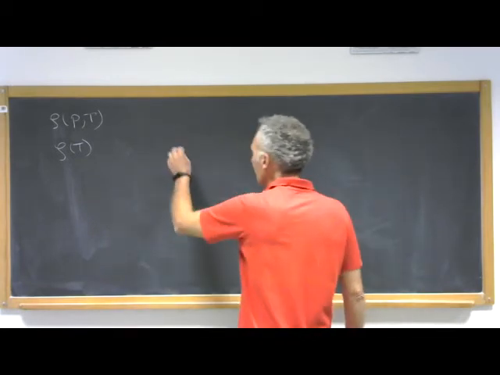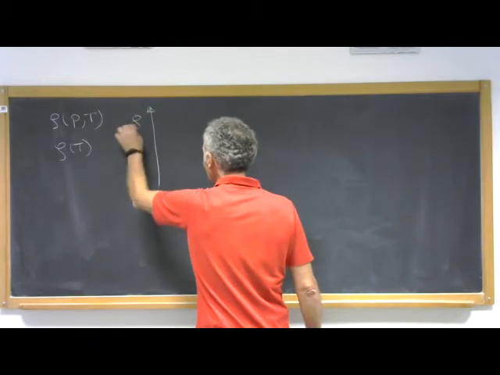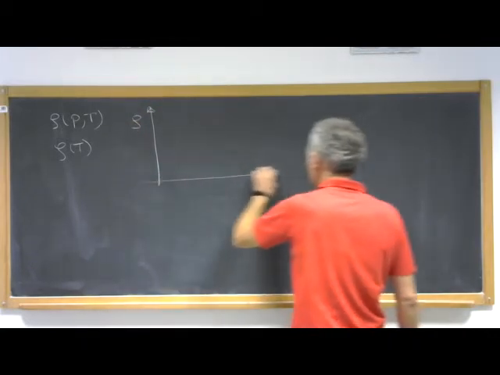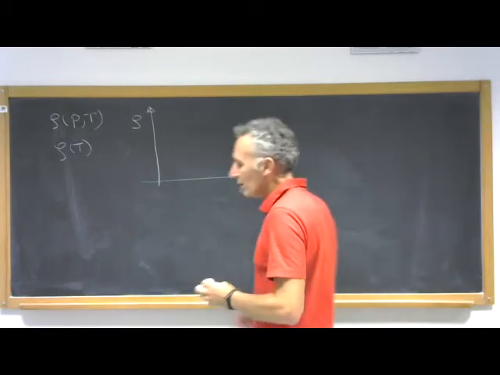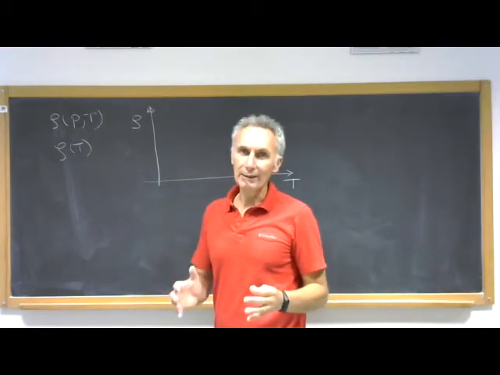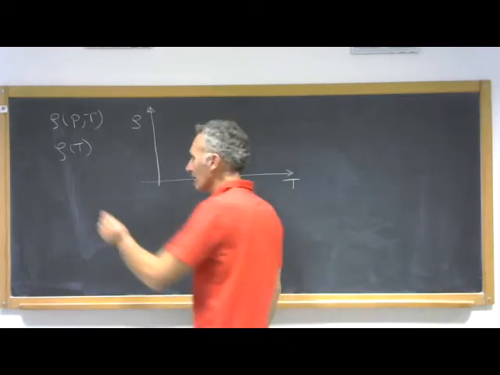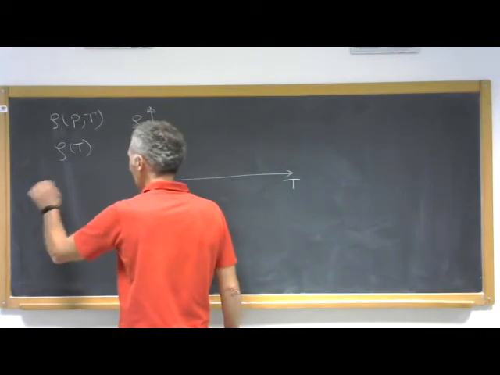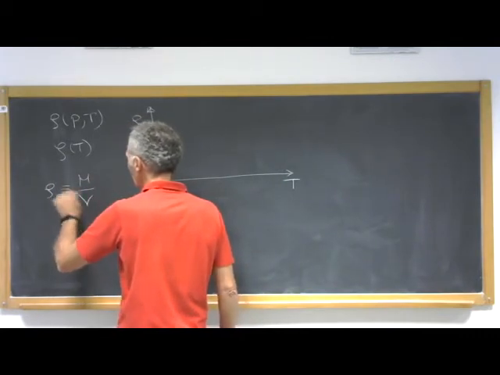Now, from outside, if we just plot the density of some material versus temperature, since the same amount of matter increases its volume, the density has to decrease. So recall that the density is defined as the mass divided by the volume.